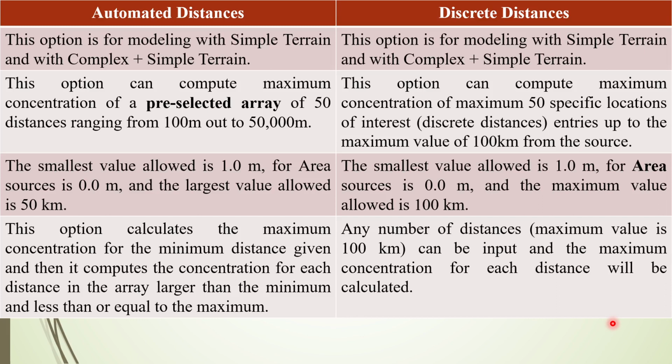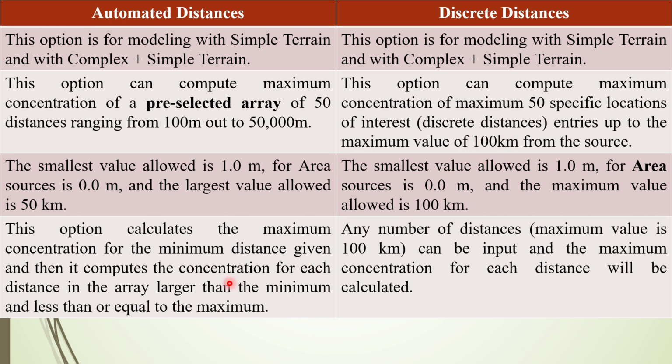For area sources it is 0 meter, and the largest value is 50 kilometer as we discussed. And the smallest value for discrete distances is 1 meter. For area source it is 0 meter, and the maximum value is 100 kilometer, which is already discussed.